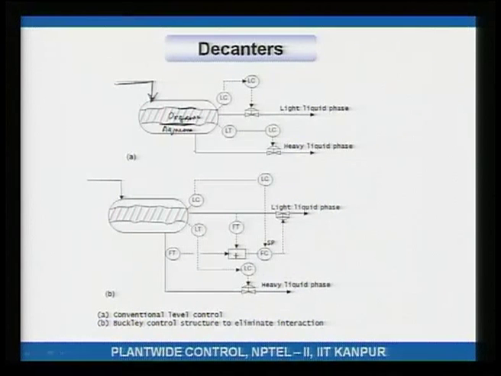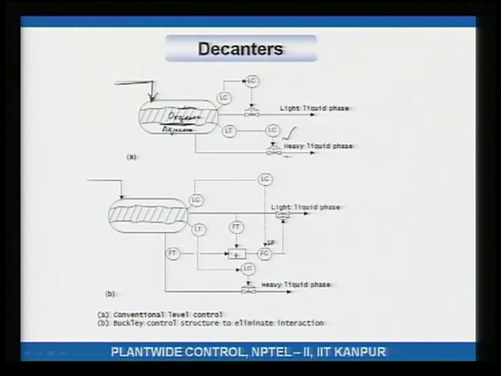To do that, what we are doing here is maintaining the top level or the total level by adjusting the light liquid phase draw, and the bottom or interface level is being controlled by adjusting the water draw. That is what this controller is doing, and this controller is trying to maintain the total level. Notice that there is interaction here. Why is there interaction?